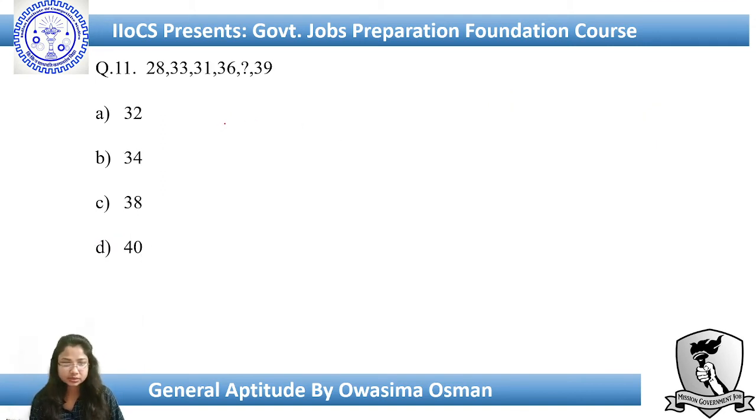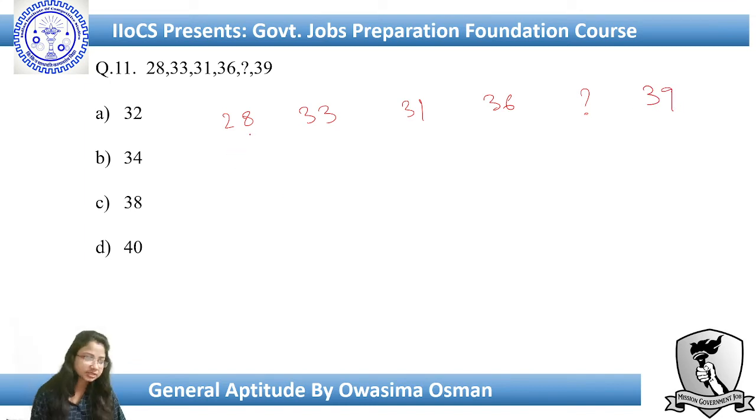Next, 28, 33, 31, 36, and you have to find out the middle term, and then 39.